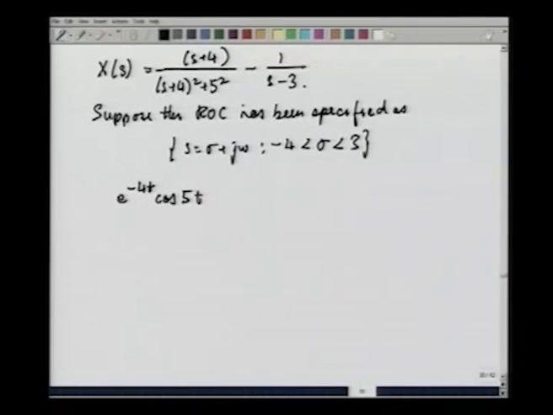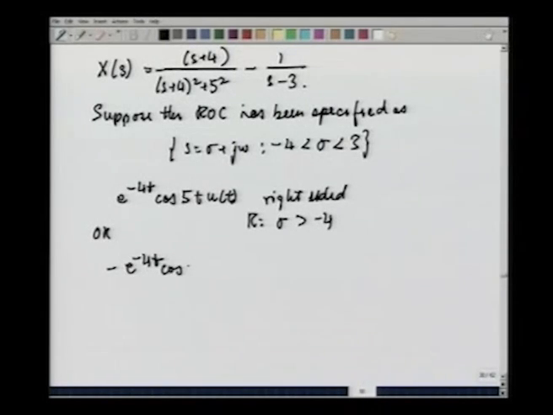It is either this times u(t), in which case it is right sided, with ROC given by sigma greater than minus 4, or it is equal to minus e to the minus 4t cos 5t u(minus t).